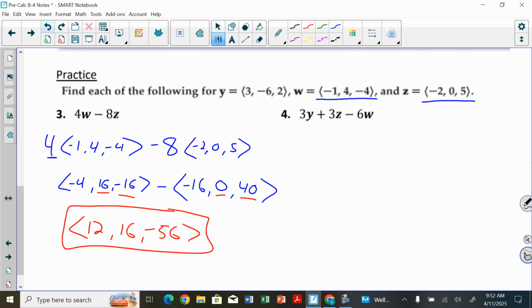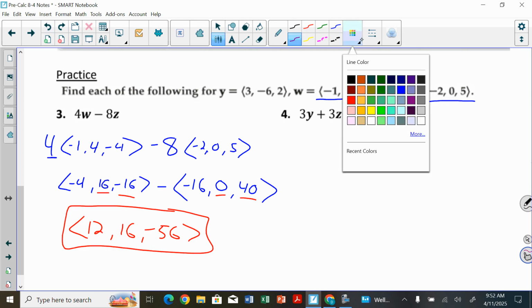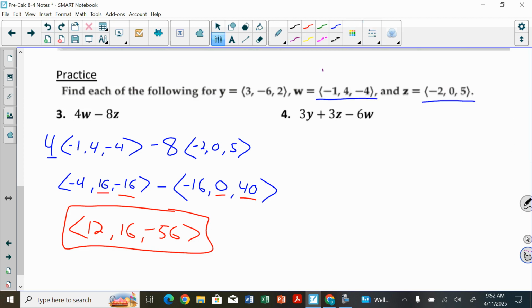Okay. Now, let's continue with this one then. 3 times y is going to be 3 times our y vector, 3, -6, 2, plus 3 times z, which is 3 times -2, 0, 5.